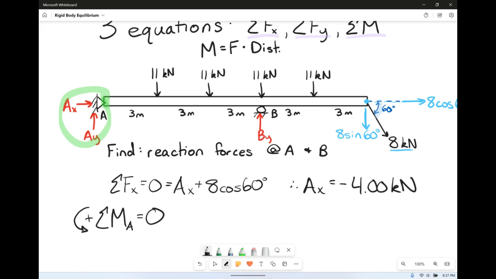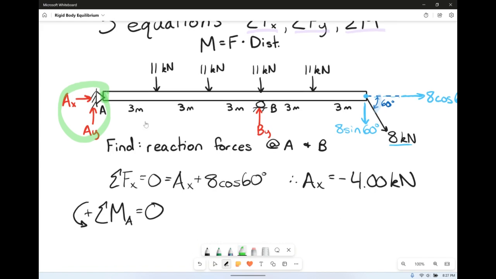So do be careful when you're doing that. If you were to take a moment about B, remember that this 11 kilonewton force would also be acting at B as well as By. So just be careful when you're taking moments that you are including the distance for everything.